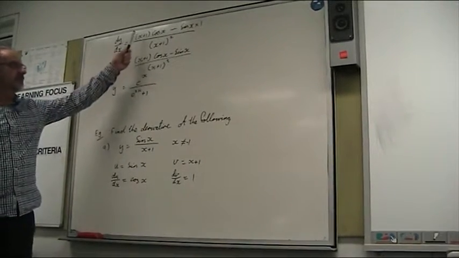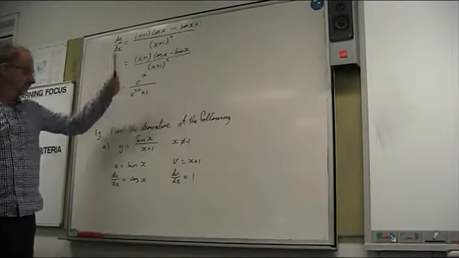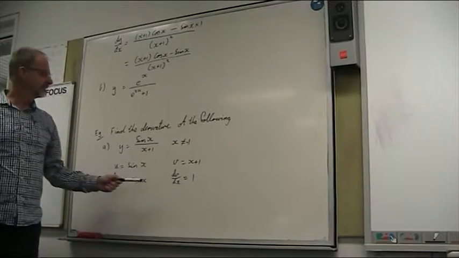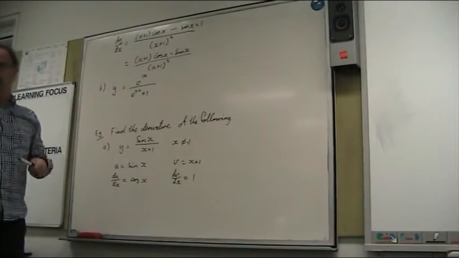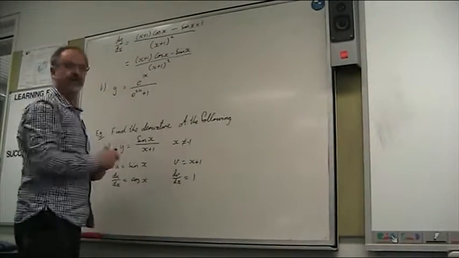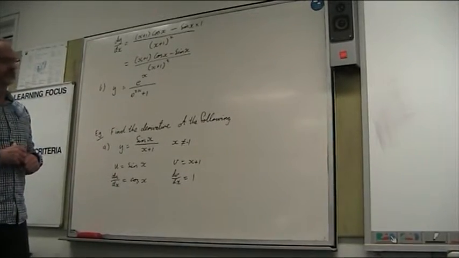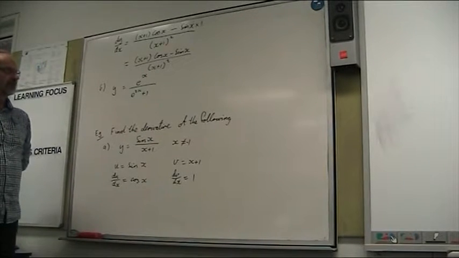So just putting it straight in, that times that minus that times that, and then dividing it by this one squared, that's what you get. You could change that to other ways, but unless they indicate that you need to, you just leave it.